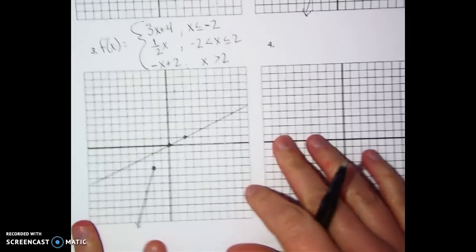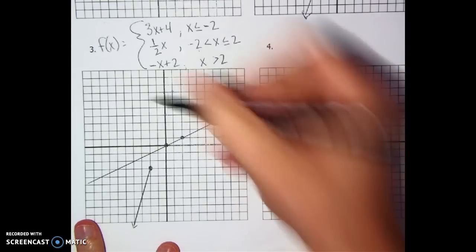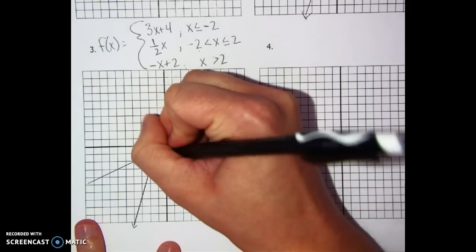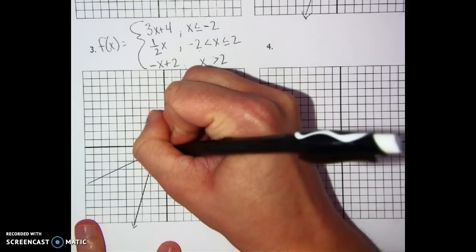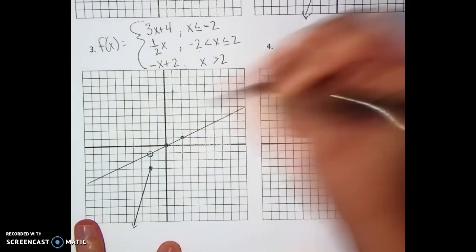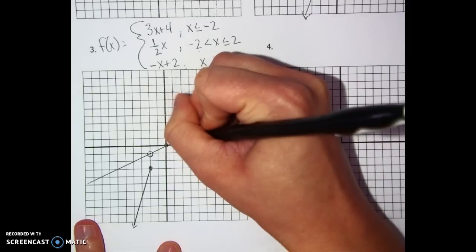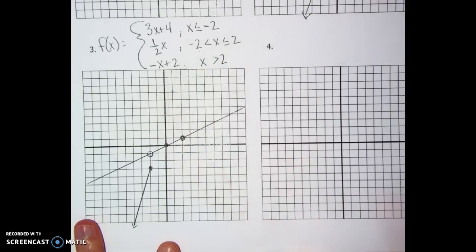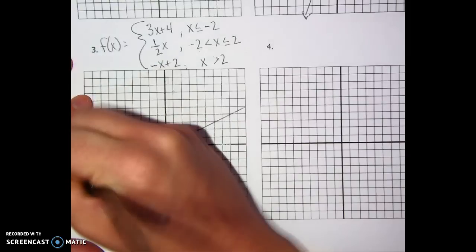And this one I need 2 circles on. I need an open at -2. So open right there. And a closed at 2, which I already have. I'm just going to make it a little bit larger. Keep what's in between the 2 dots and get rid of what's on the outside.